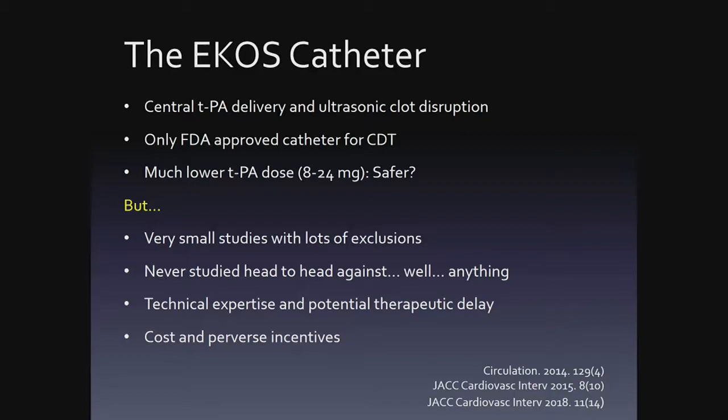And then the final thing is that these catheters have some really perverse incentives associated with them. They're hellaciously expensive. Depending on your acquisition costs, they are between 10 to 30 times more expensive than a standard pigtail catheter, with no evidence to show that they're superior. In fact, no evidence to show that they're non-inferior at best. And then the perverse incentives.